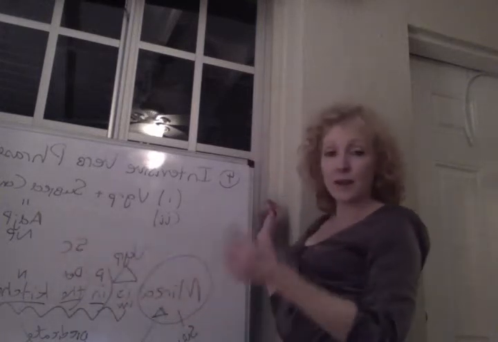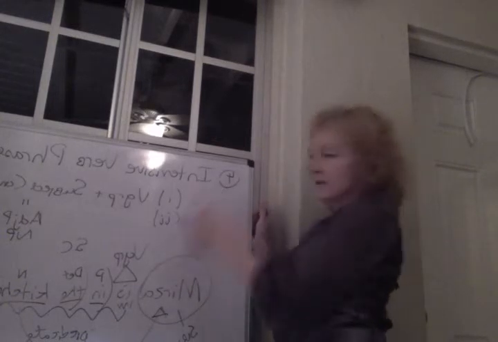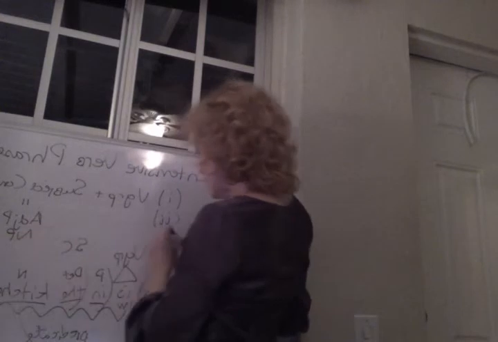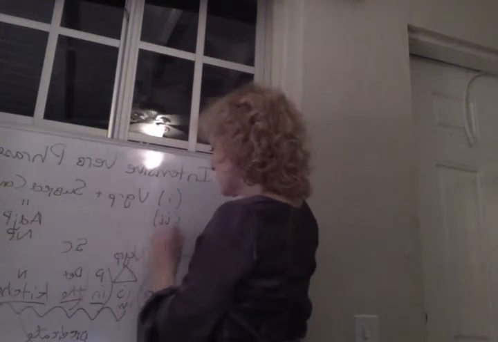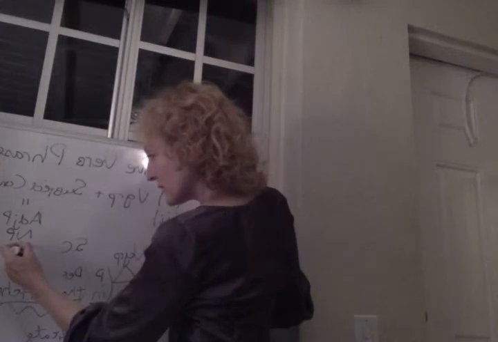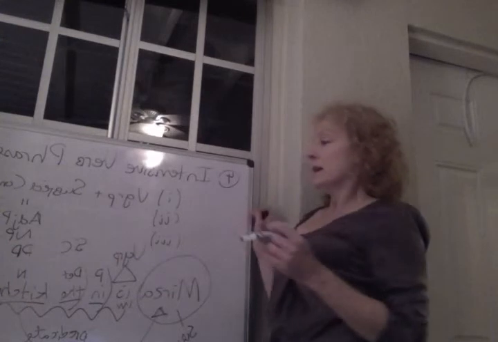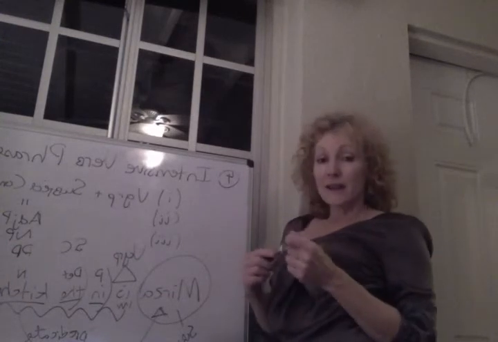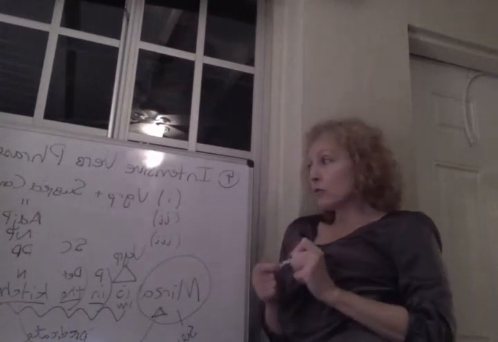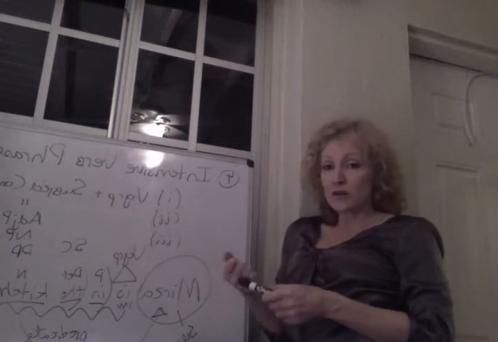Therefore, you have an intensive verb phrase. So notice that you have three different types of intensive verb phrases. You can have an intensive verb phrase that is made up of a verb group plus an adjective phrase, a verb group plus a noun phrase, a verb group plus a prepositional phrase.